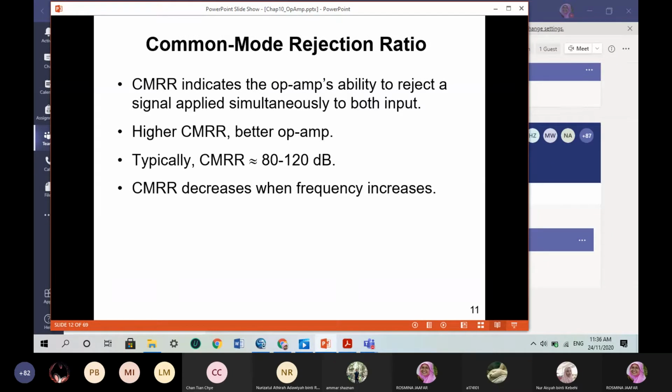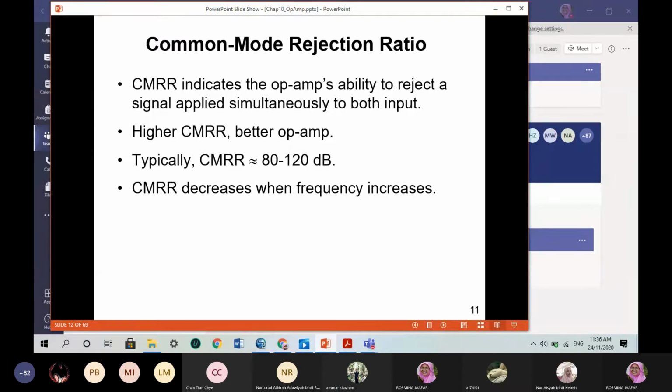The CMRR indicates the op-amp's ability to reject a signal applied simultaneously to both inputs. The higher the CMRR, the better the op-amp. Typically, an op-amp with CMRR in the range between 80 to 120 dB is a good op-amp.